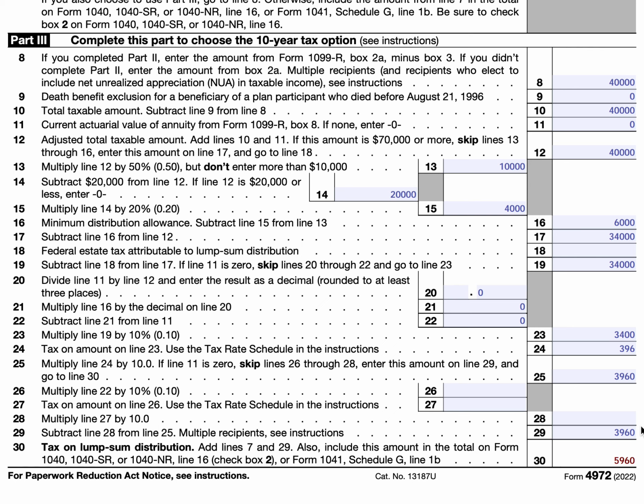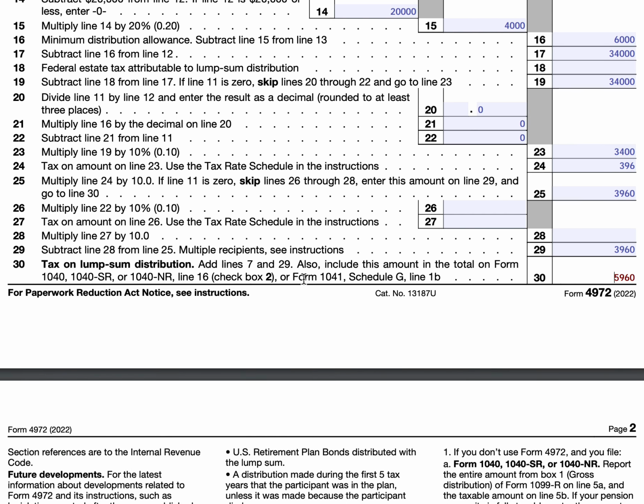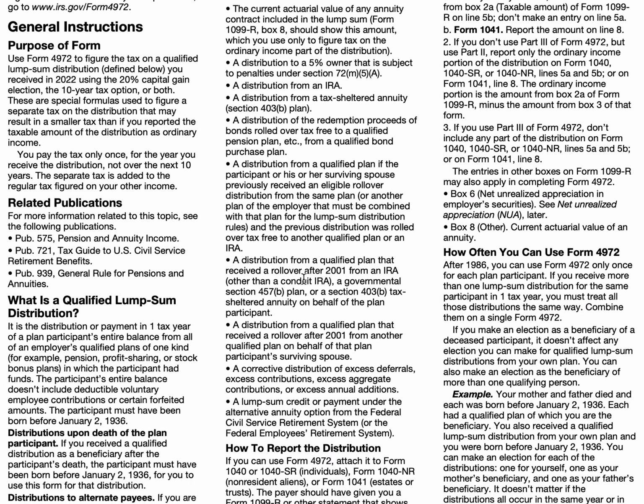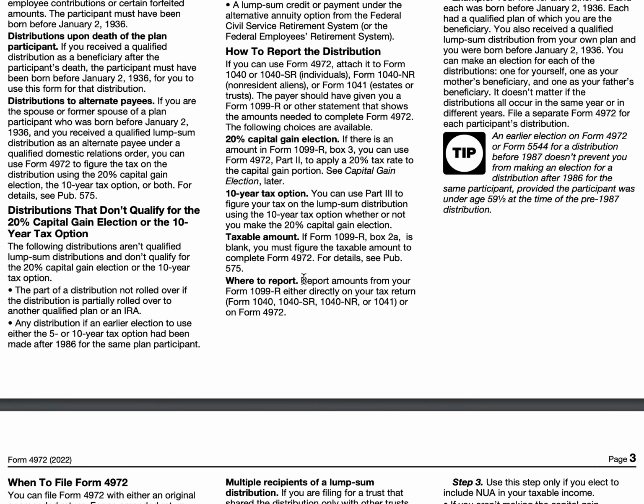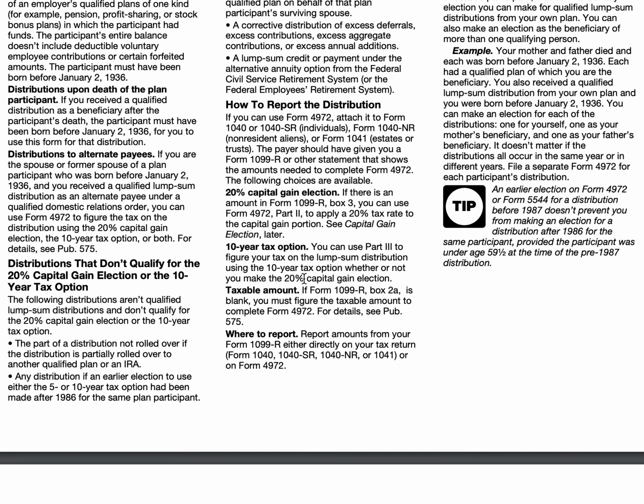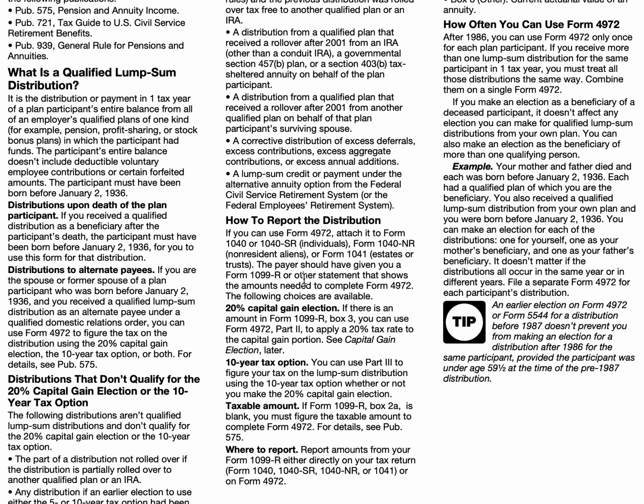So that's all we have for this video. Just keep in mind that a lot of your questions may apply. So a couple things that you should note in the form instructions. There's a little bit more information if you're not familiar with a qualified lump sum distribution, based on the uniqueness of this plan. There are certain distributions that don't qualify for the capital gain election or the 10-year tax option.